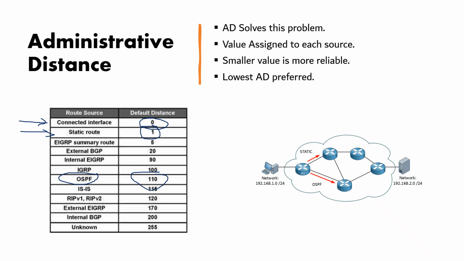So the connected interfaces, for example, if a router has one or two or three interfaces, are always preferred. That's why the distance is 0. And the next is static route. If you have multiple options, it will choose based on the AD value.